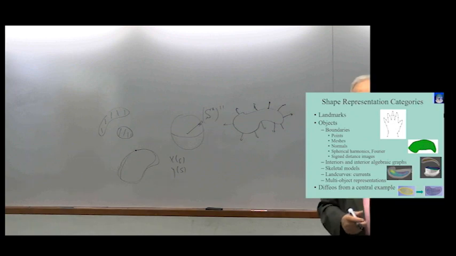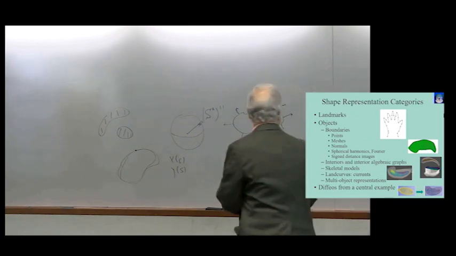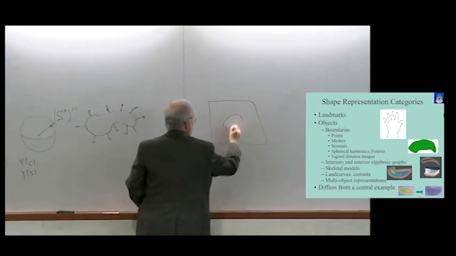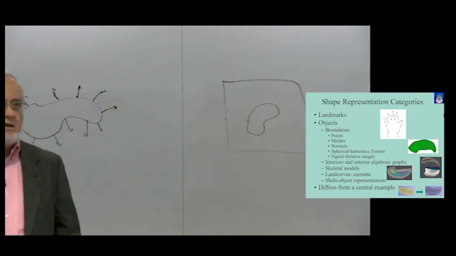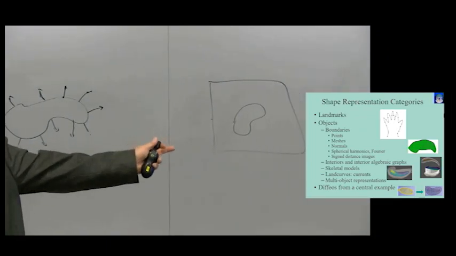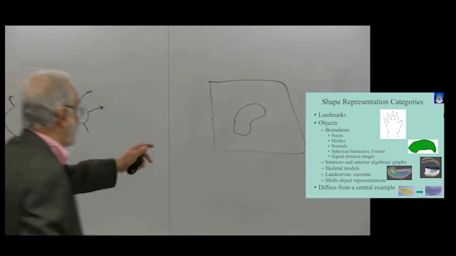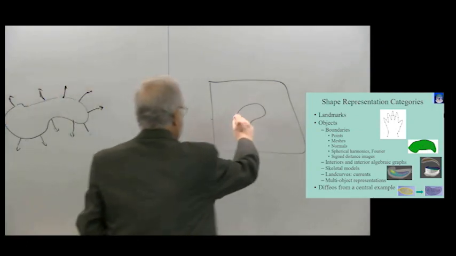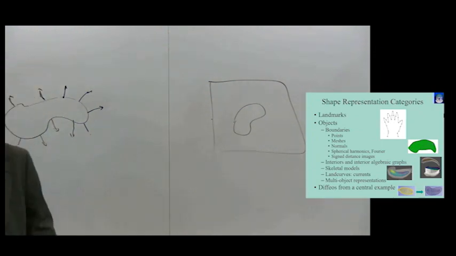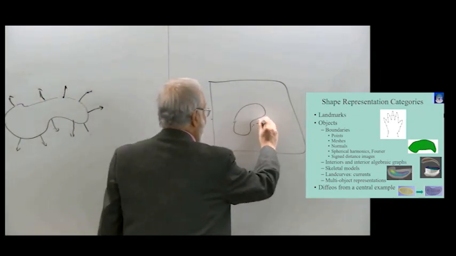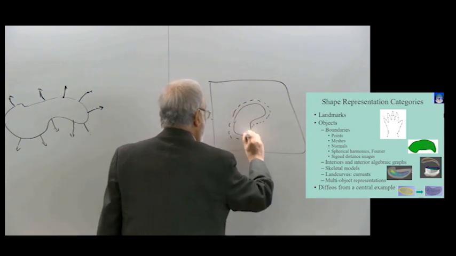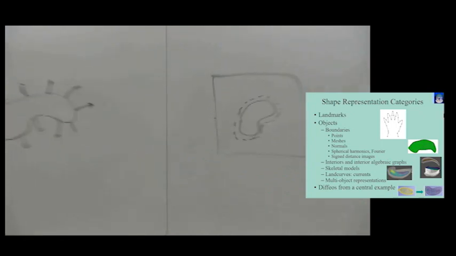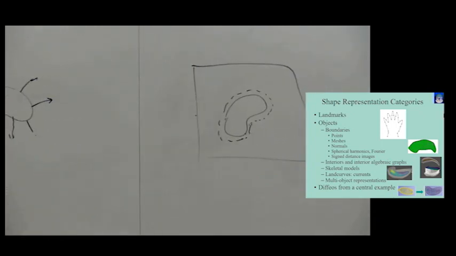Another way of representing shape is to take the object and think of it as being in a space of one higher dimension. So this is a 1D object sitting in 2-space. It's 1D because there's only one dimension that takes one value that takes you around the object. But you can talk about a curve that is 1 unit of distance outside the object.